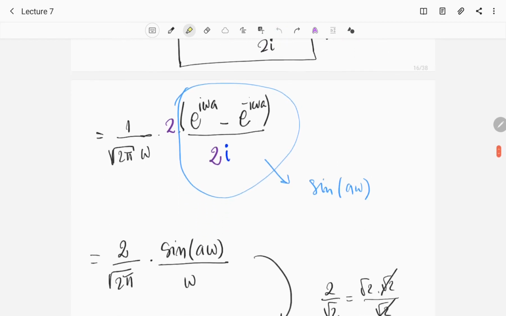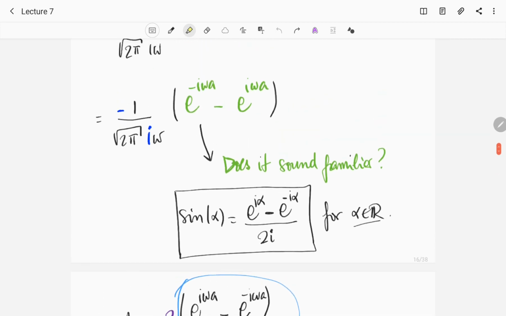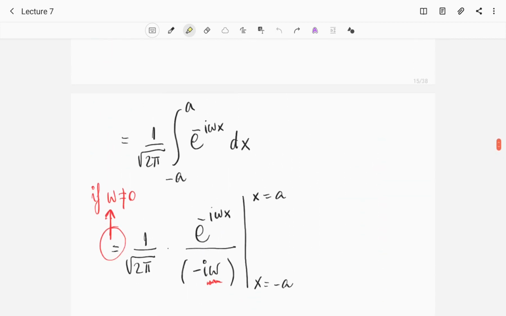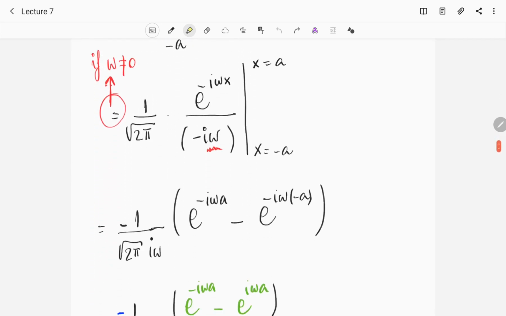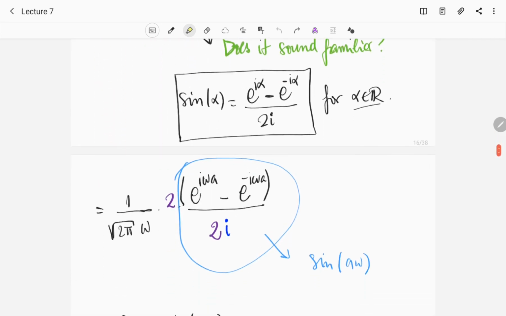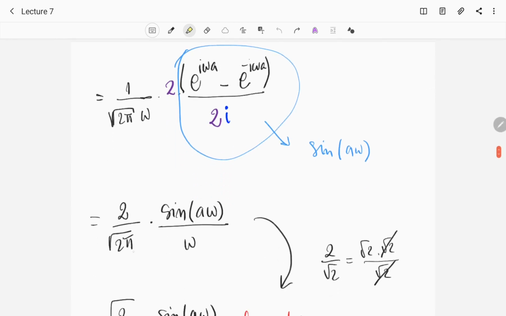Then our computation of the Fourier transform of f, for this f, which takes the value 1 in the interval minus a, a, and 0 outside, turns out to be this 2 over square root of 2 pi times this function sine of a omega divided by omega.